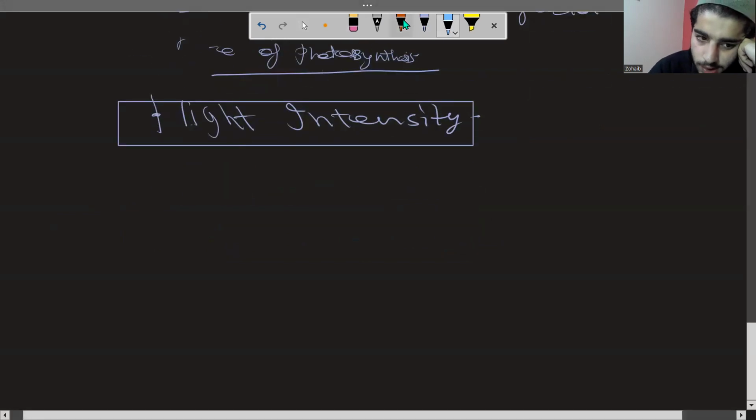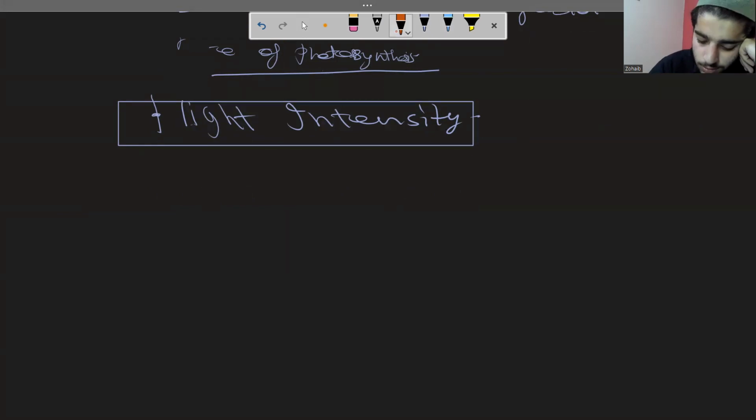So how does light intensity affect it? When there is more light in the place where the plant is, the photosynthesis rate will be increased. You are right.